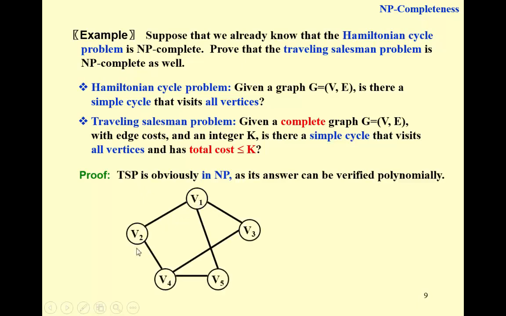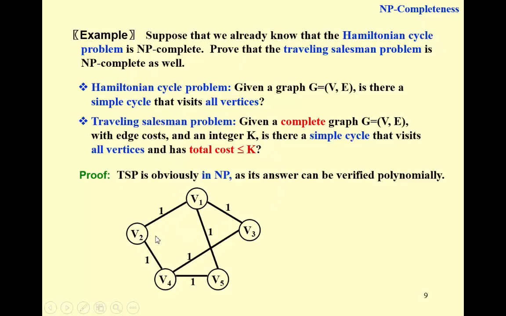Then we're going to try to prove that the Hamilton cycle problem can be polynomially reduced to TSP. So we start from any instance in the Hamilton cycle problem, and this is not necessarily a complete graph. The trick we use here is this. We assign 1 to all the edges that are in the Hamilton cycle problem.